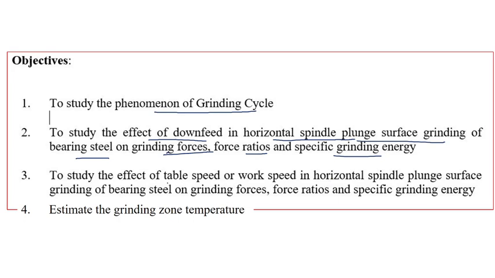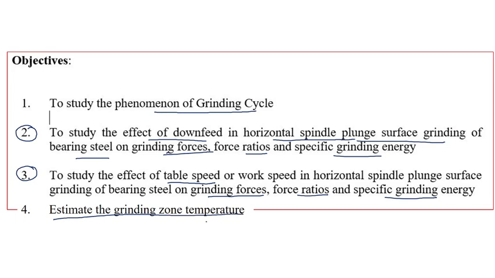We will also study the effect of table speed on the same thing, that is grinding forces, force ratio and specific grinding energy. Using the data that you are going to get from objective number 2 and objective number 3, you are going to estimate grinding zone temperature.